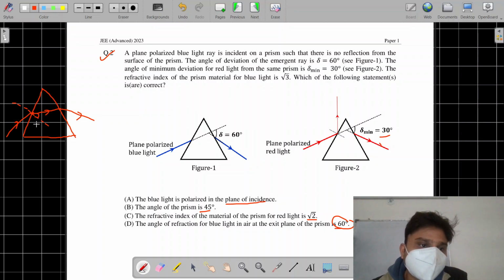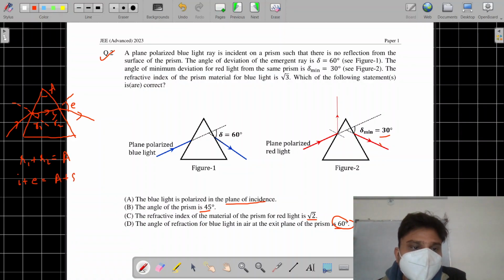Let's say that the angle of refraction is R1, and when the light bends towards the air from the prism, let's say the angle inside is R2. One of the equations which we know is that R1 plus R2 is equal to the angle of prism A, that is this particular angle. We also know that angle of incidence plus angle of emergence is equal to angle of prism plus angle of deviation.